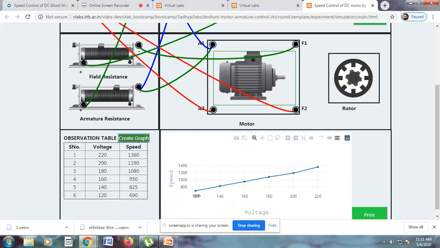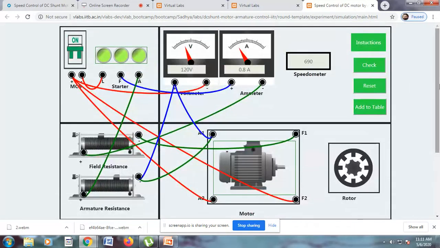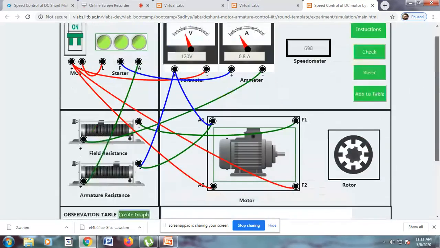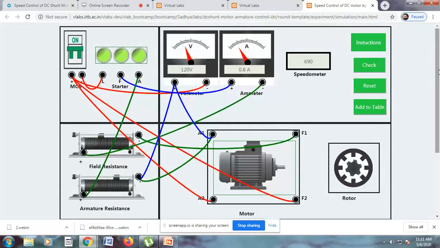Now we see voltage is increasing and the speed is also increasing, and this is the speed control of DC motor by armature control method.